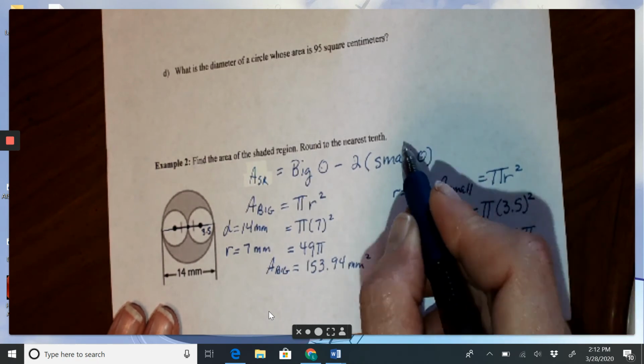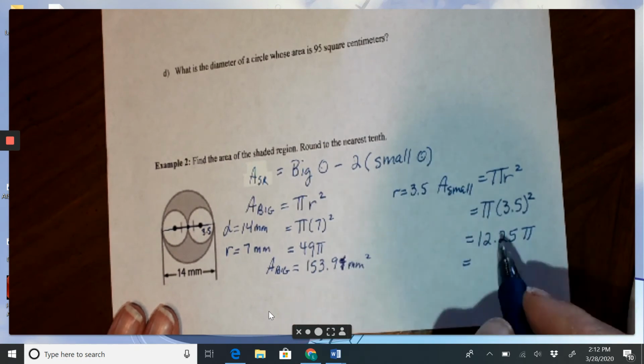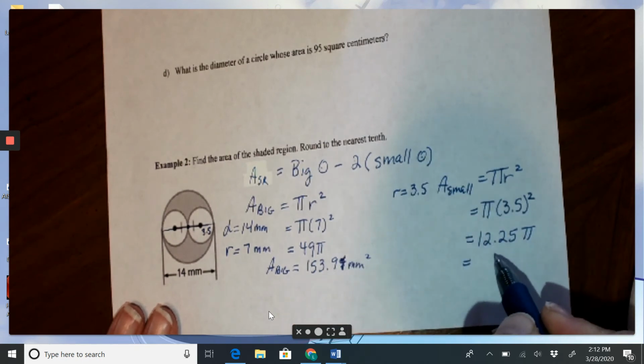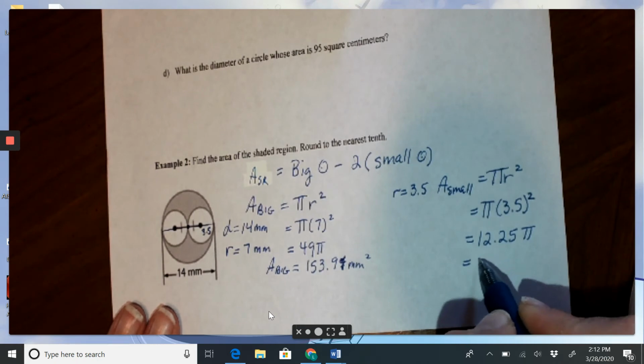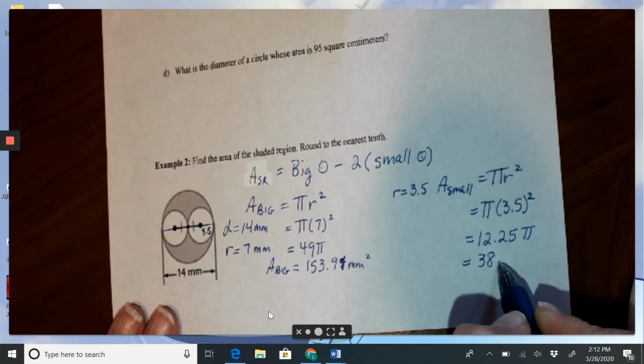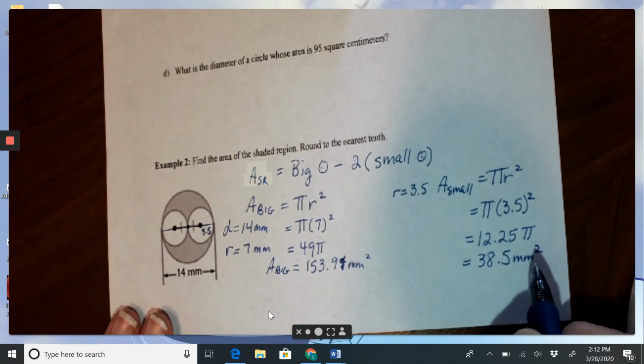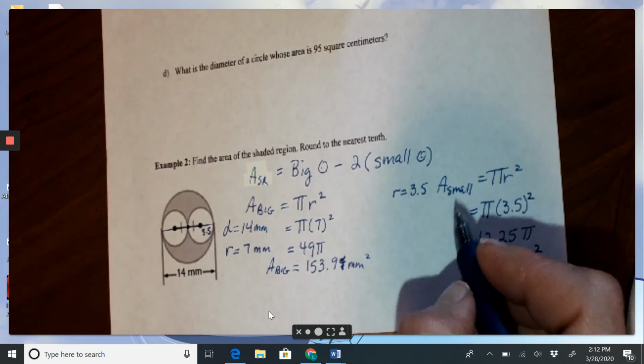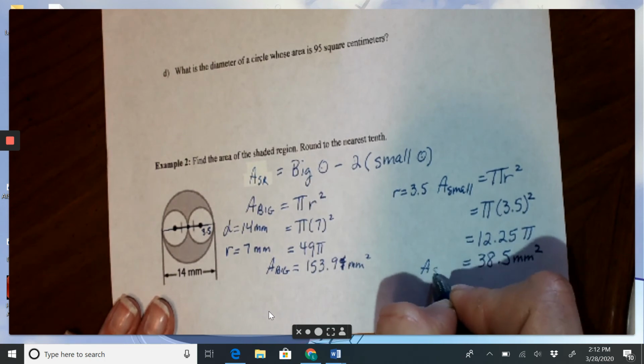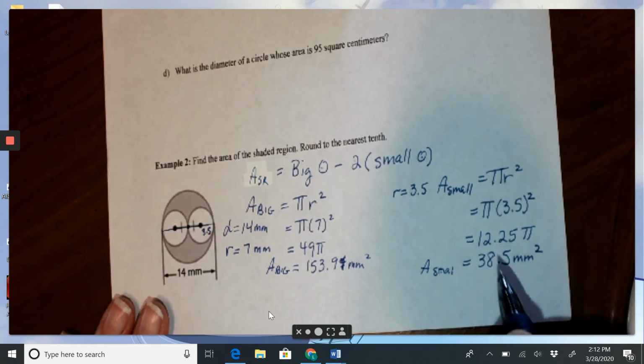Oh, sorry, it says tenth, so that's going to make that 9. Rounding to the nearest tenth here, we get 38.5 millimeters squared.